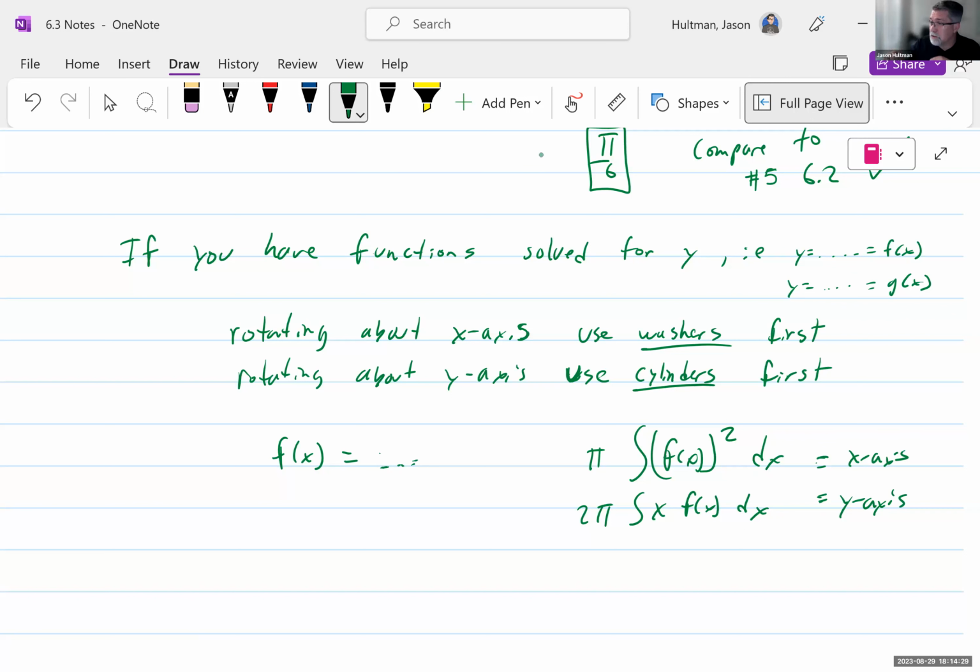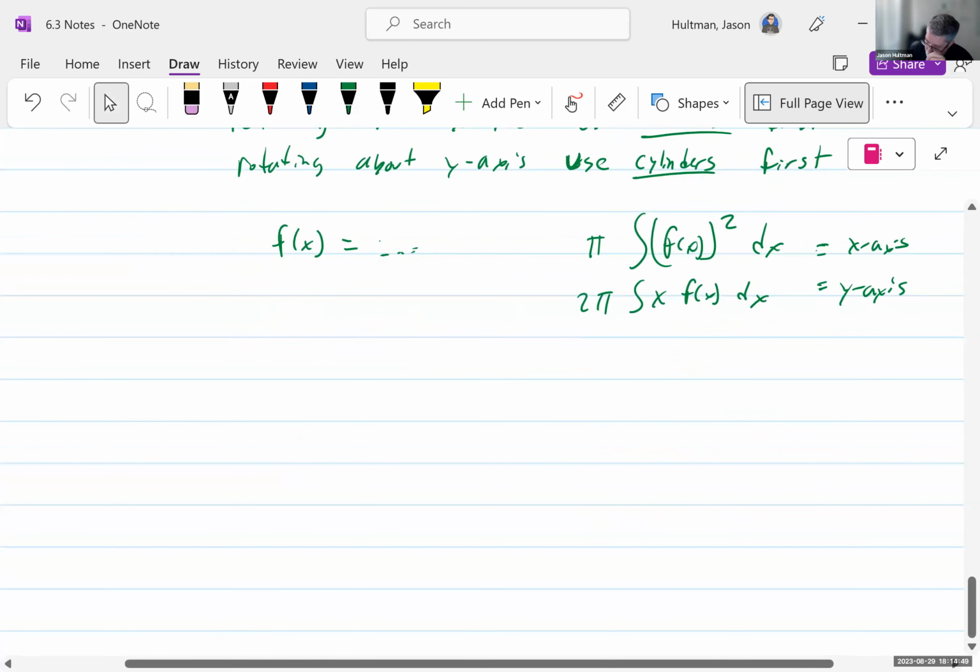So that's the default. So your first inclination would be, hey, yeah, I want to. Now, there is a little caveat, and we're going to see the caveat in the next problem, because sometimes it's easier to not have to deal with square roots, right? Does that make sense? Sometimes it's easier to not have to deal with square roots.